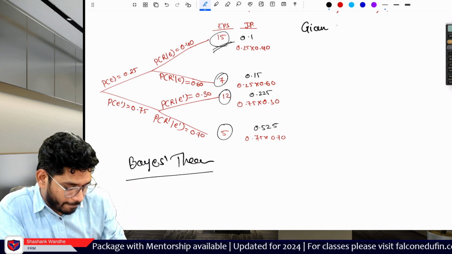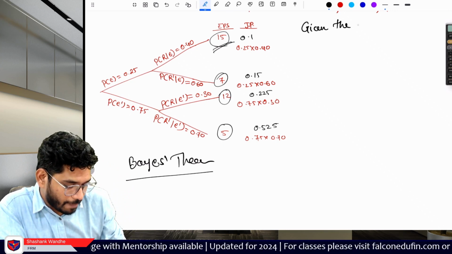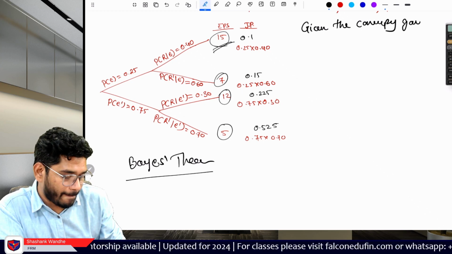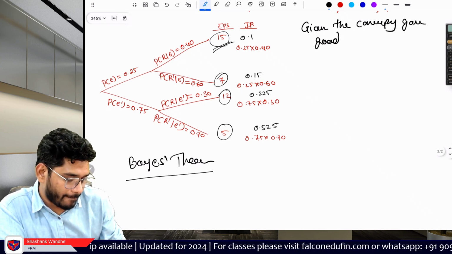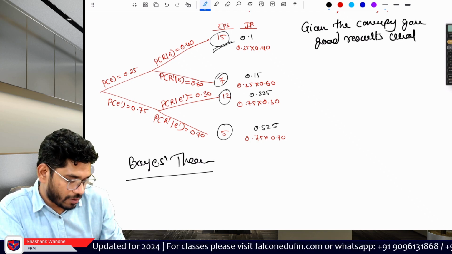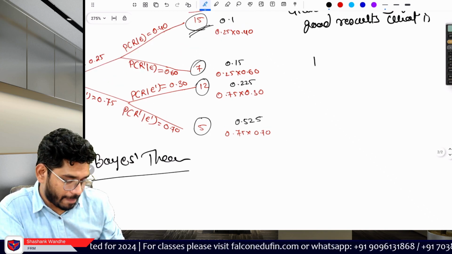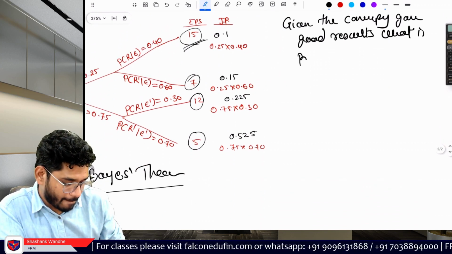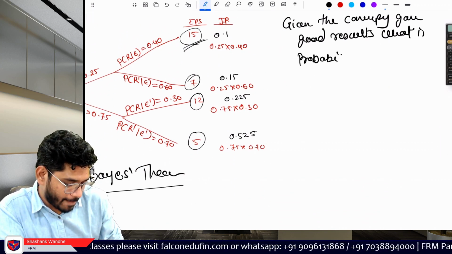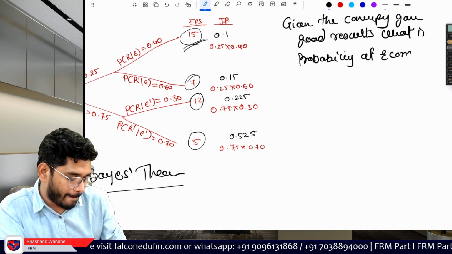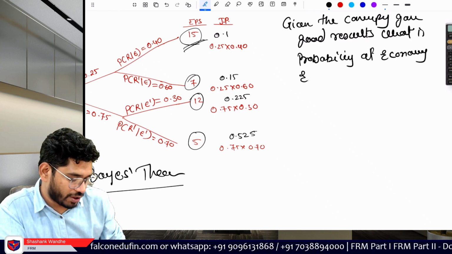Given the company gave good results, what is the probability of economic expansion?